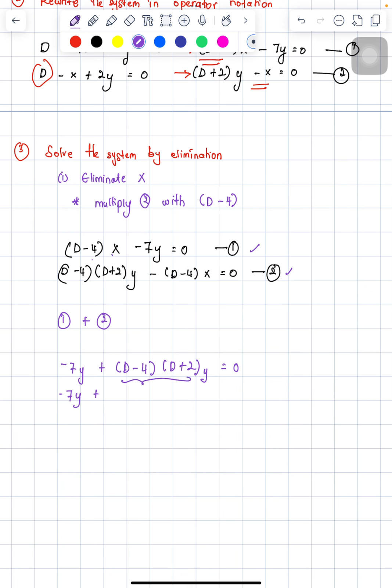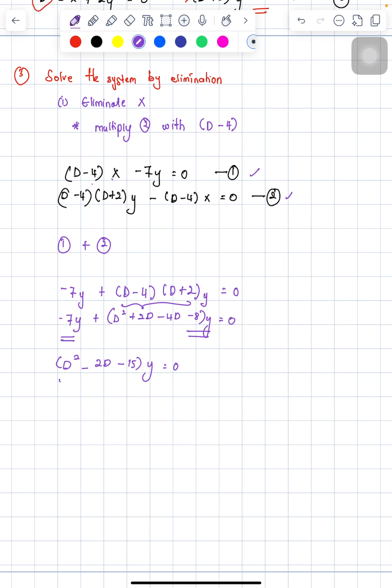We can expand this: it becomes D squared plus 2D minus 4D minus 8, y equals 0. Here we have negative 7y and negative 8y, so we add to get negative 15. So we have D squared, and 2D minus 4D equals negative 2D, so D squared minus 2D minus 15, y equals 0.